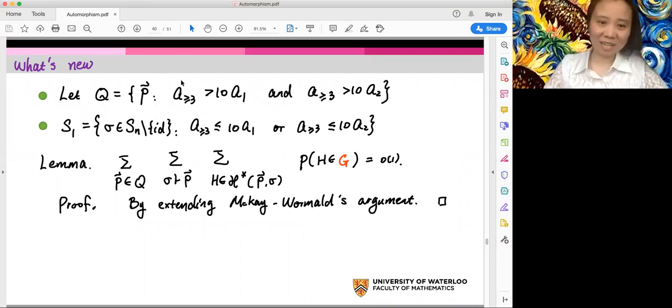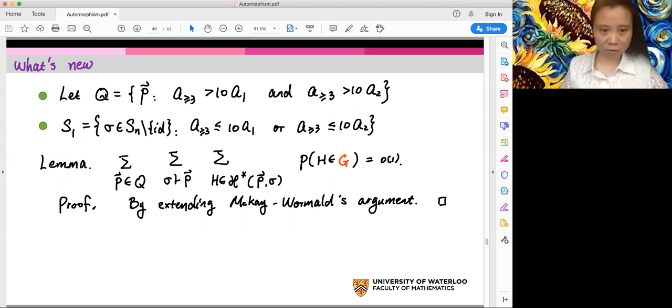Okay, so take out this set of parameters p, and then consider all the other permutations where you don't have so many moved vertices of degree at least 3 compared with A1 and A2.